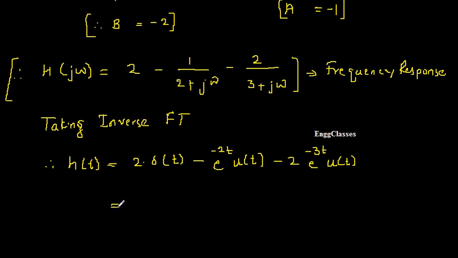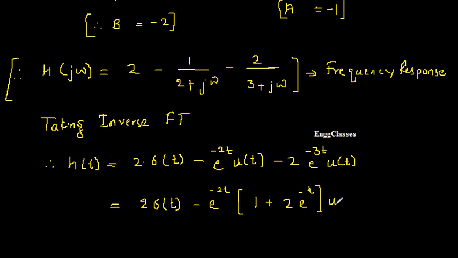I can also take a few terms out here and reduce it. So let me write one more term: 2 times delta of t minus e to the power minus 2t. I would take this out and I will be left with 1 plus 2 times e to the power minus t, correct?